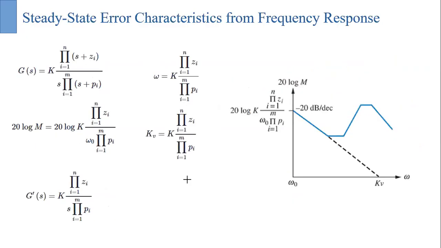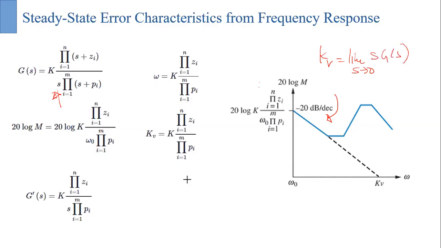So for the type 1, we have a pole here, and because of that pole we know that initially we'll have a 20 dB per decade decreasing line. Okay, so 20 dB per decade decreasing line. But for this type 1 system, we have to use kV. kV is limit s tends to 0 of s g of s.